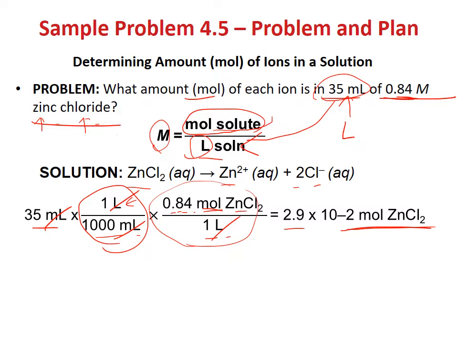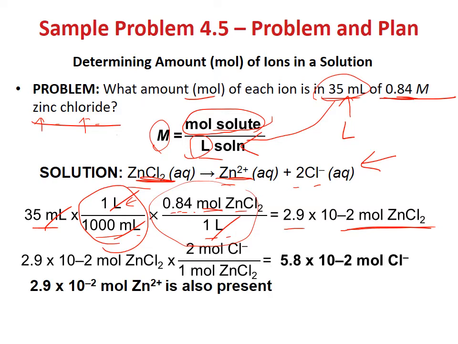Okay, now let's look at the stoichiometry. 1 mole of zinc chloride, 1 mole of zinc ion. So we can use the stoichiometry as a conversion factor. So you start with moles of the zinc chloride. Now if you want to calculate the chloride, then 1 mole of zinc chloride, 2 moles of chloride. So you see the stoichiometry is 1 to 2.